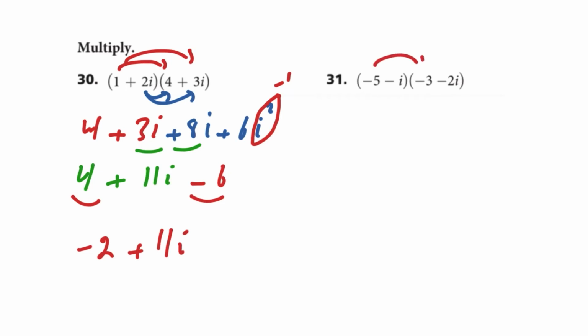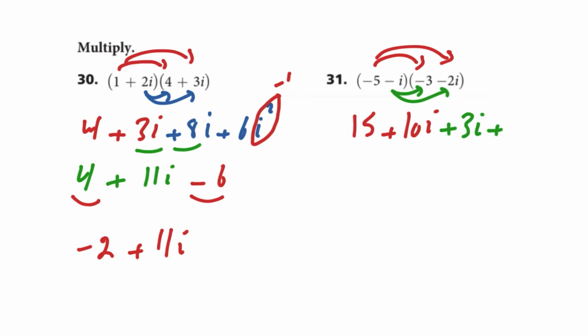For the next number, we're gonna do the same. -5 times 3 is -15, plus -5 times 2, 10i. -i times 3 is +3i. -i times -2i is +2i square.